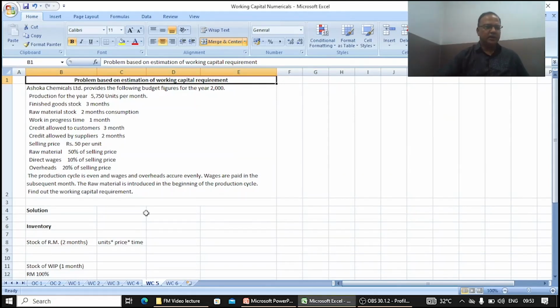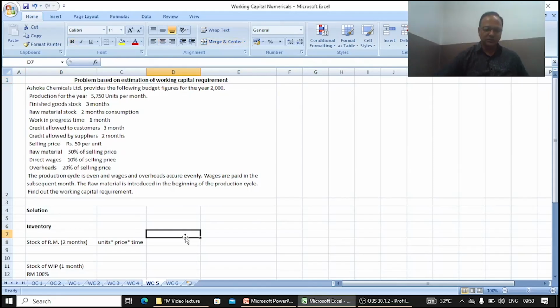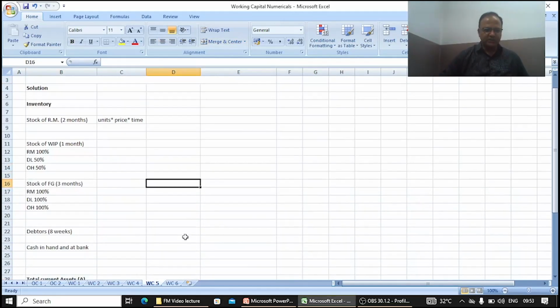Then credit allowed to customer 3 months, credit allowed by supplier 2 months. It means debtors of 3 months and creditors of 2 months.